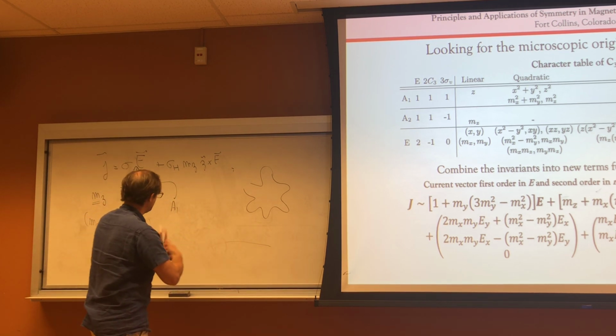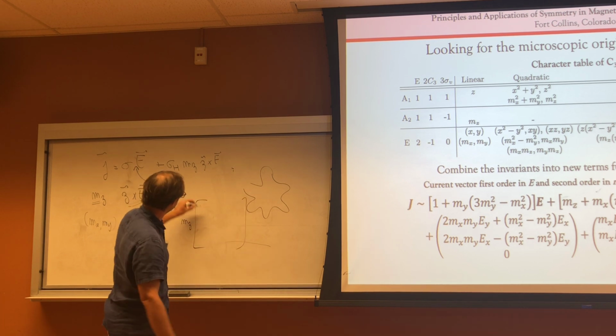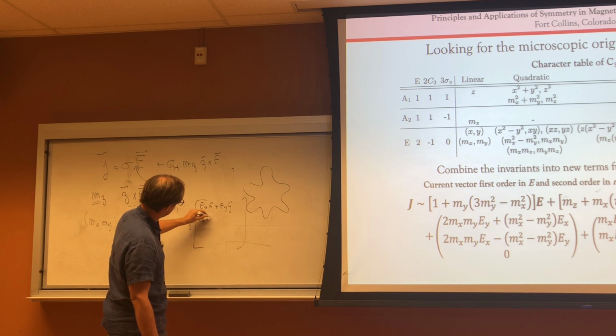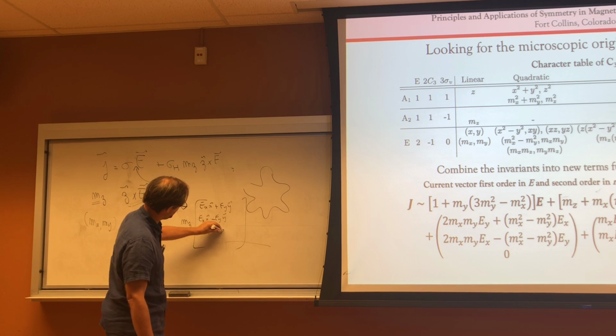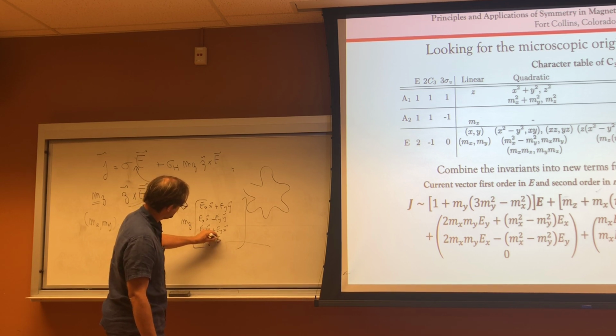So the way it works is that you realize that this combination works. So you will basically look at mz times all the possible combinations. So we have Ex plus Ey. We have Ex minus Ey. We have Exy plus Eyx. And we have Exy minus Eyx.